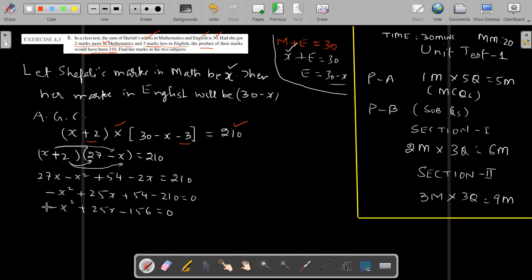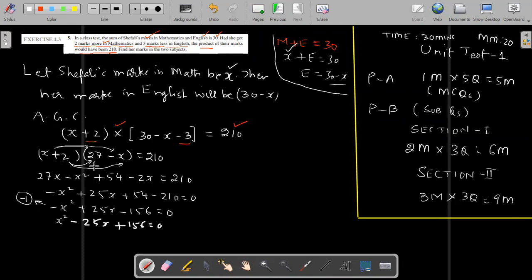Just remember, whenever you have a negative sign on x square at the start, you have to change the sign. Always it should be positive. So multiply by minus, it will become x square minus 25x plus 156 is equal to 0. Now you can split the terms.